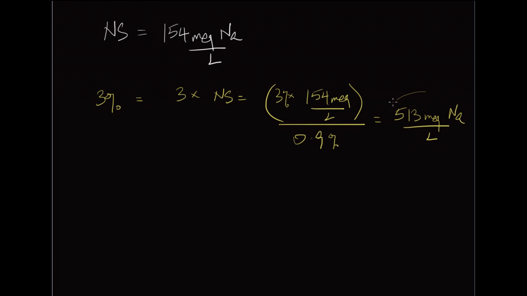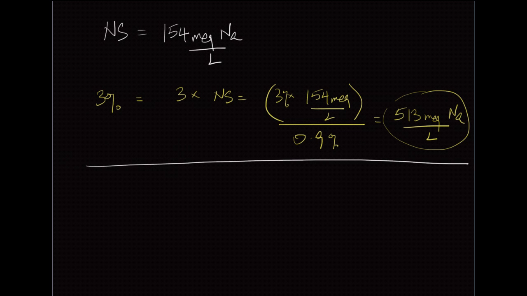Now we're going to take this number and do the same calculations that we did in the previous example, keeping in mind that when you give 3% saline, you're not only giving water, you're not only giving something that changes the denominator, but you're giving sodium. So you're going to be changing the numerator and the denominator. So in the numerator, we're going to have the total body sodium, or the total amount of sodium in the patient.